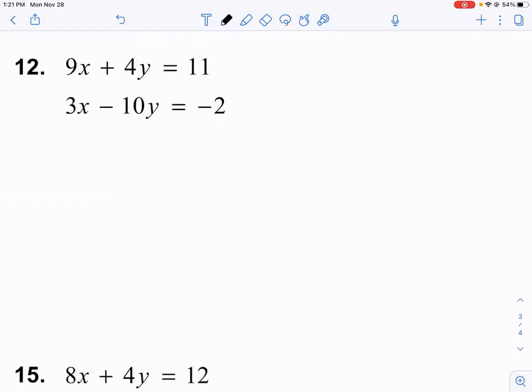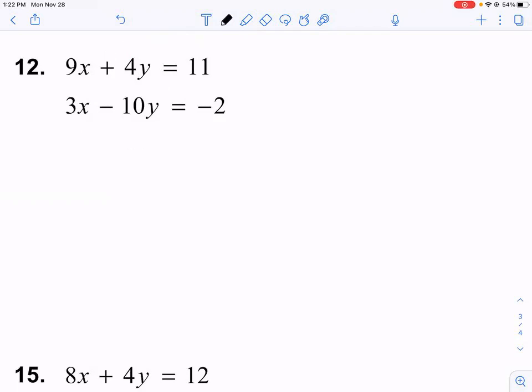We need to either force our x's to have opposite coefficients, or force our y's to have opposite coefficients. Is there a right and a wrong way? No. Sometimes there's a more efficient way, but there's no right versus wrong here.